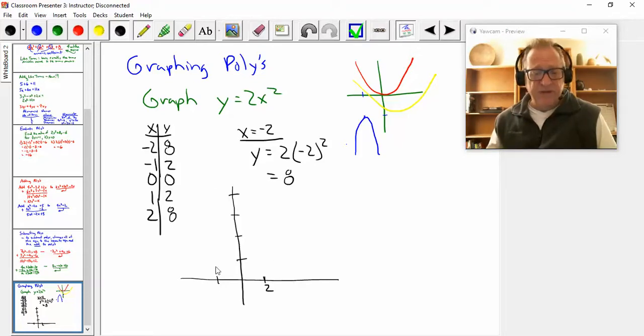So I go over -2 and then up to 8. -1, 2. -1 and up to 2. 0, 0. 1, 2. Yeah, this is a parabola, and parabolas are symmetric. And finally, 2, 8.